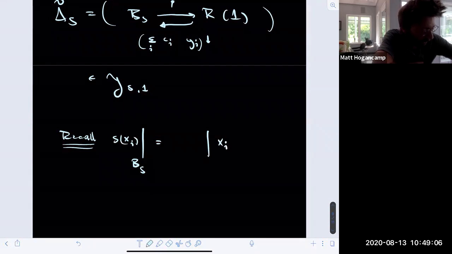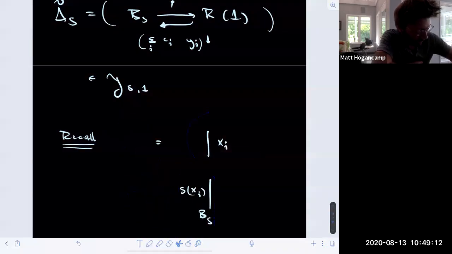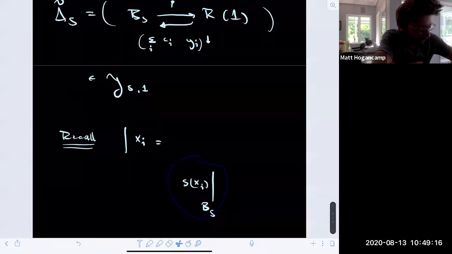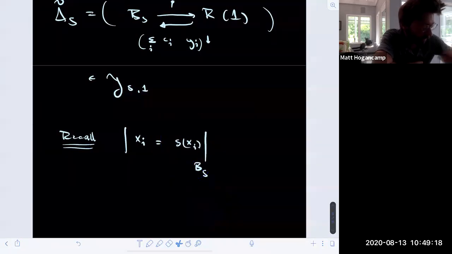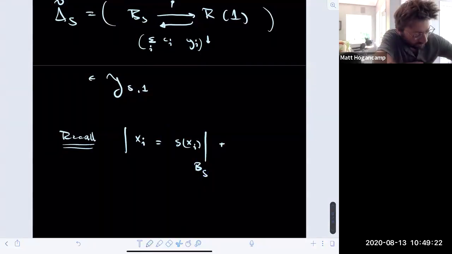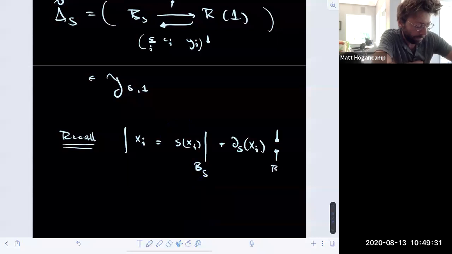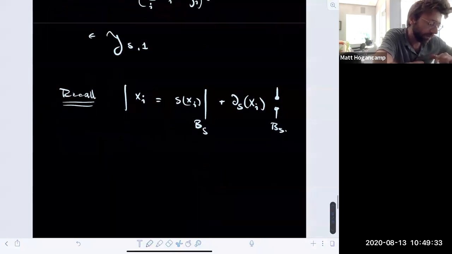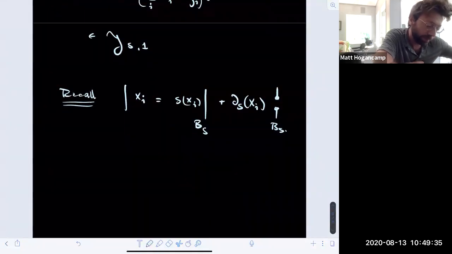Sorry, let me say it this way. The action of a polynomial on the right is equal to the action of the polynomial on the left, twisted by the simple transposition, plus this de Maistre operator applied to that polynomial.